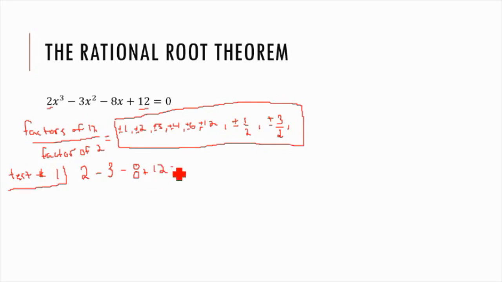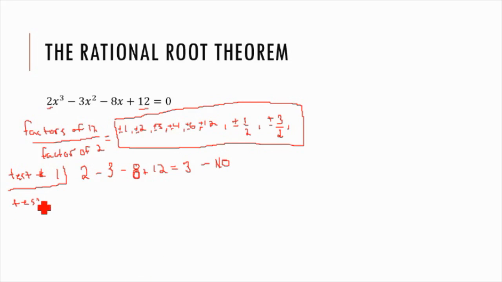Now if the answer is 0, that means that 1 is a 0. 2 minus 3 is negative 1, minus 8 is negative 9, plus 12 is 3, so it does not work. Not a 0.